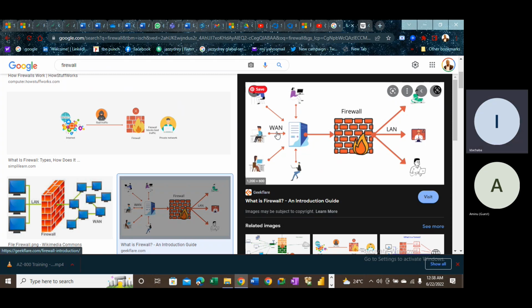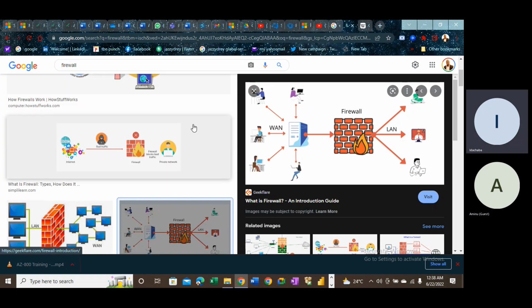Then we have the wide area network. This is a server. It's saying that before all this internet traffic can enter into your local area network, it has to go through the firewall. You understand? Yes.